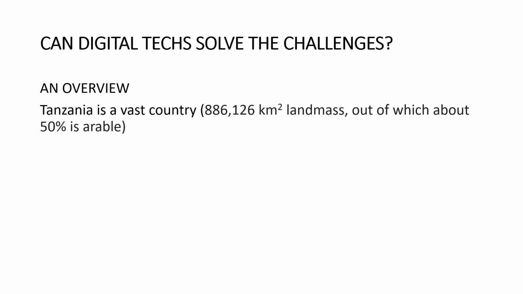Let us look at an overview of agriculture in Tanzania. First, Tanzania is a vast country of close to 900,000 square kilometers. Out of this, 50% of the land is arable.